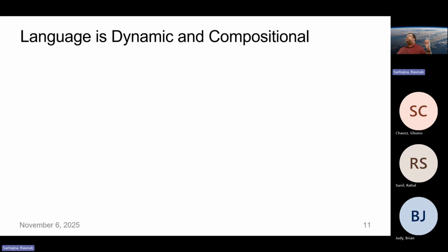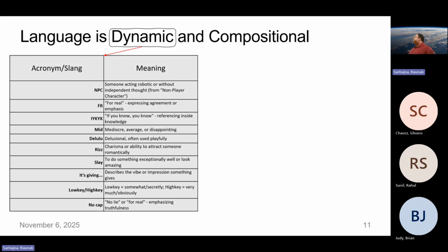The other thing is language is dynamic, because language changes, right? I talked to my friends on Discord and I picked up like 10 of the acronyms, slangs, whatever you call them. I don't know what the language theoretic word is for things like NPCs and FR for you, Riz, whatever. Doesn't matter. The point is these things have meaning today. They might not have had the exact same meanings 10 years ago, 15 years ago.